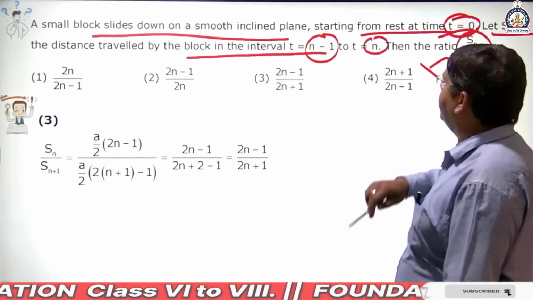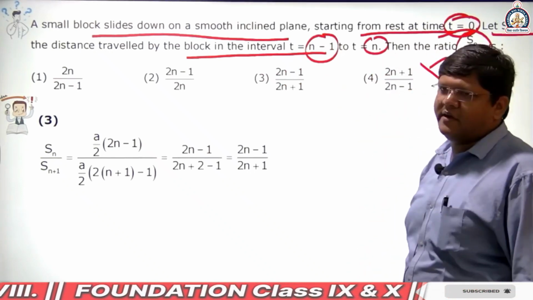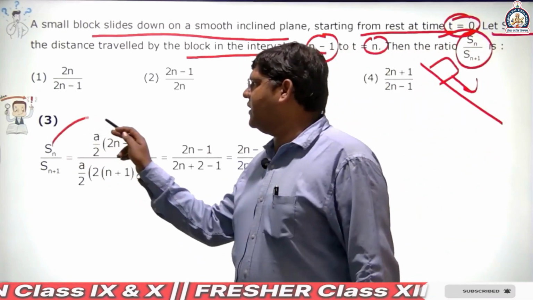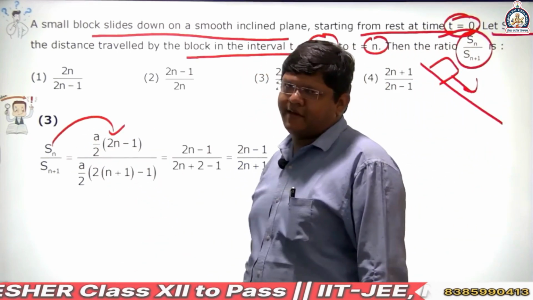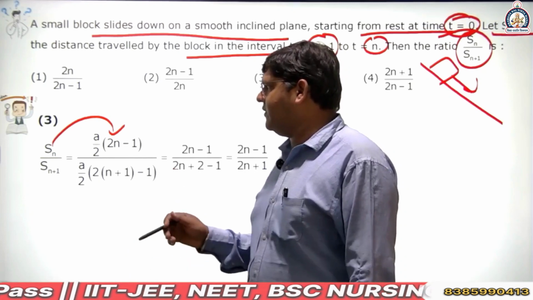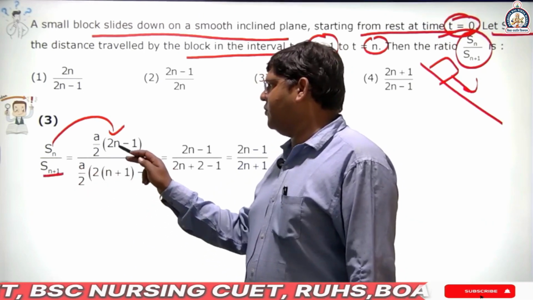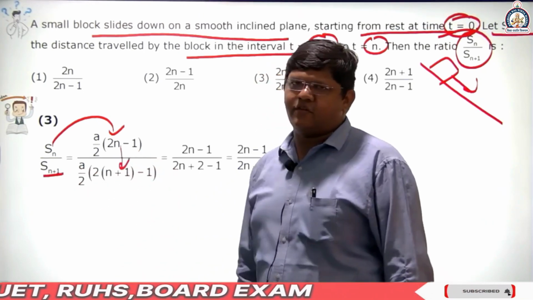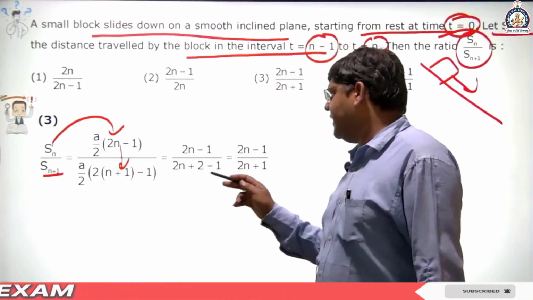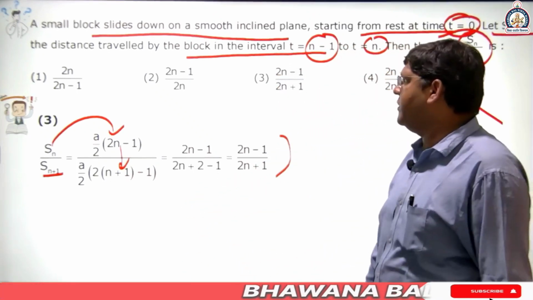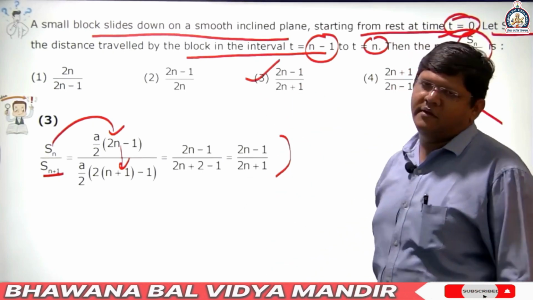We have to calculate the ratio of Sn upon Sn plus 1. The relation for Sn is a by 2 into (2n minus 1). For n plus 1, we just put n plus 1 in place of n, and solving we get (2n minus 1) upon (2n plus 1). That is our required option number 3.